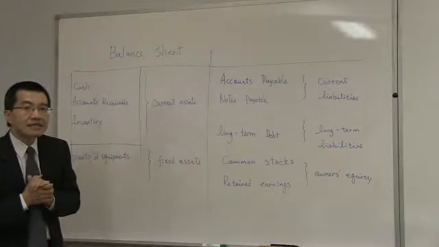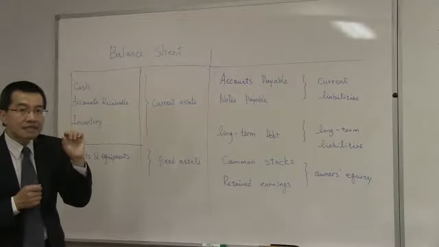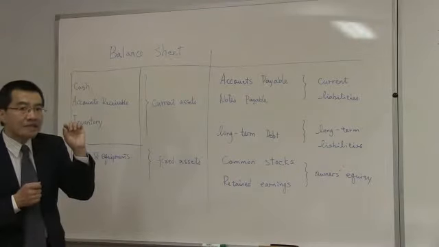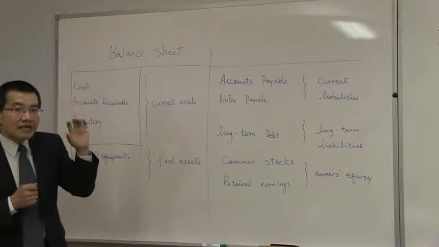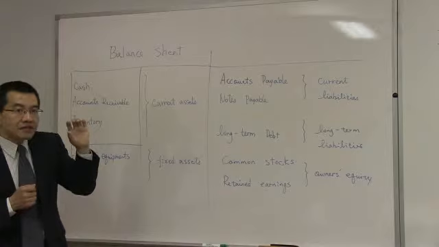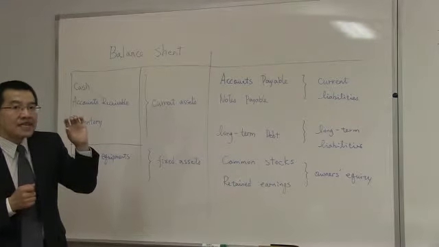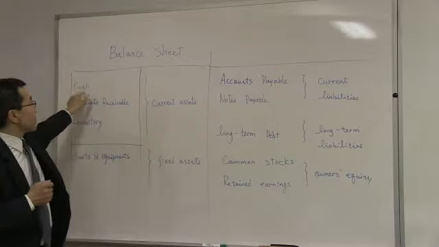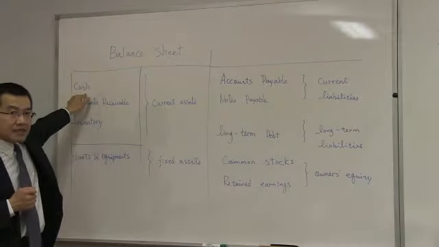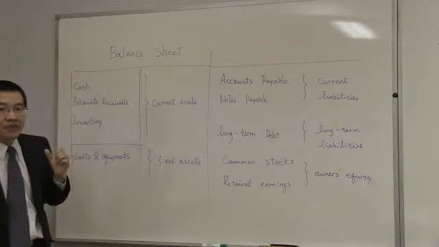The current assets are the very liquid assets in the company. The identification for current assets is that the assets will be converted or transformed within a year or one operating cycle.